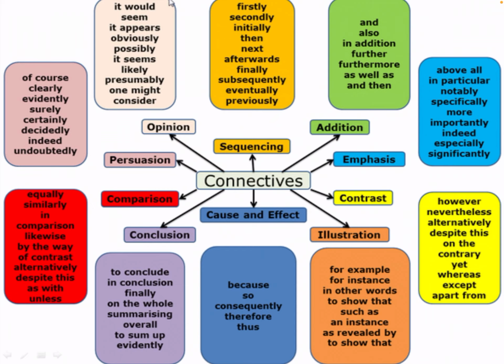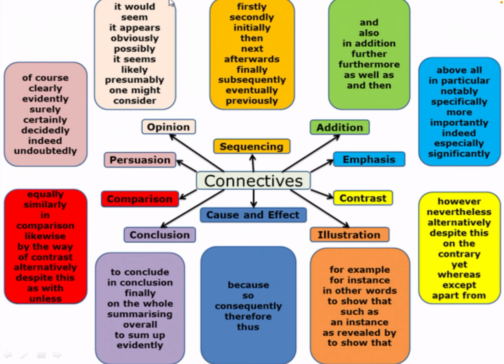You can say finally. That means you are done with your writing and you're just concluding all your writing in a few sentences. You can say on the whole, summarizing, overall, to sum up, and eventually. You can use any of these, and if you do, your writing will be wonderful.